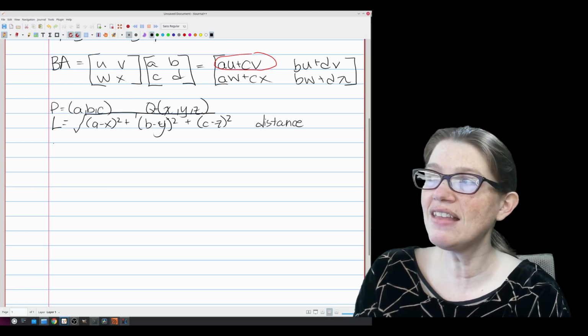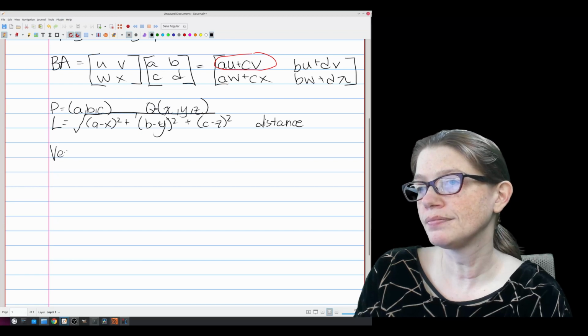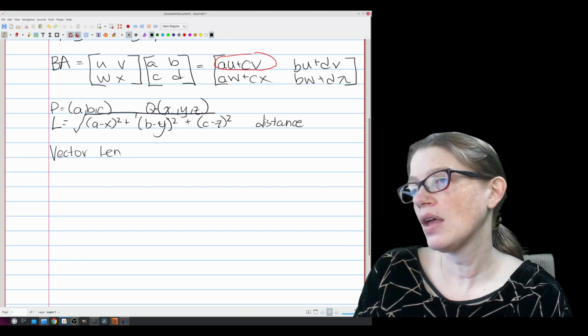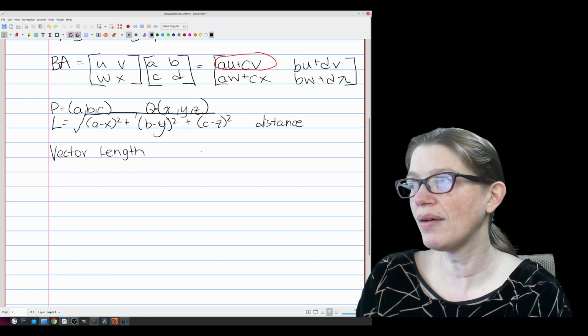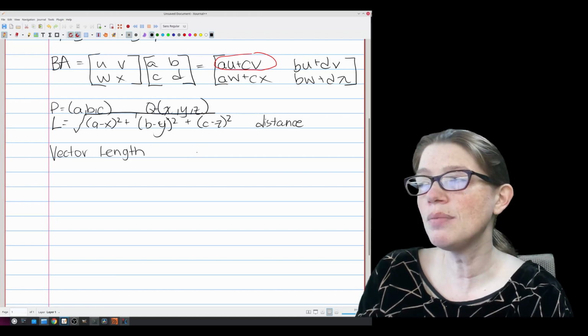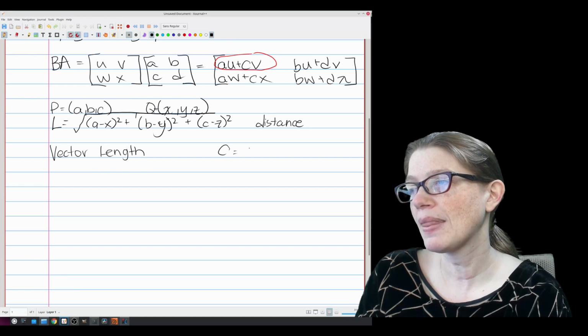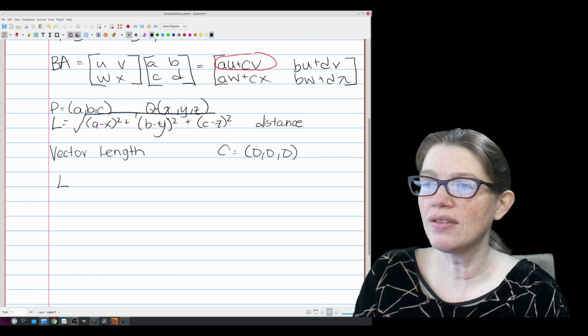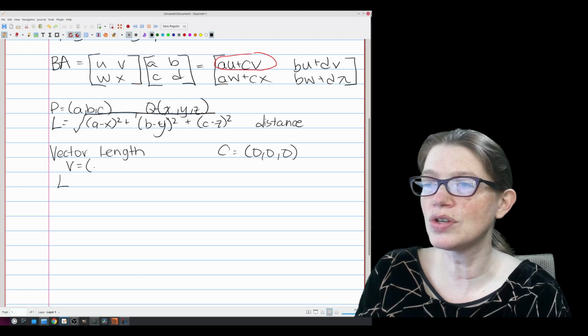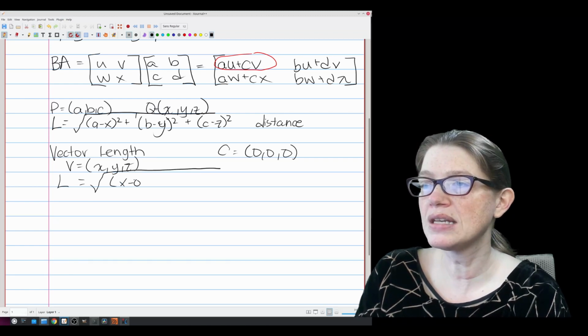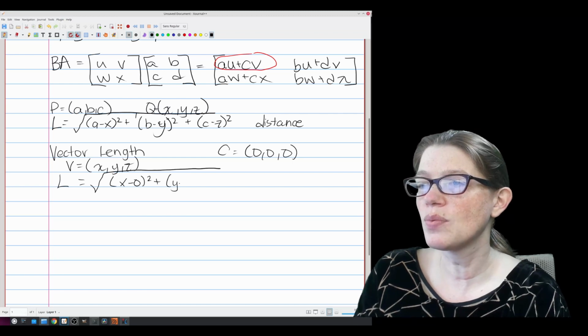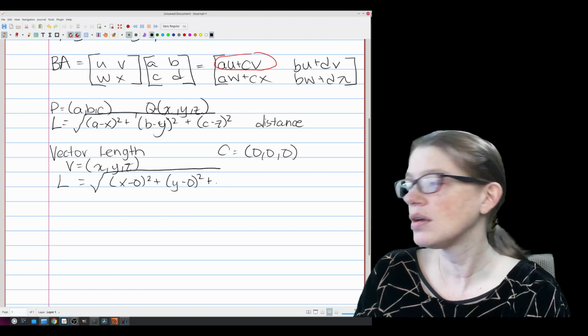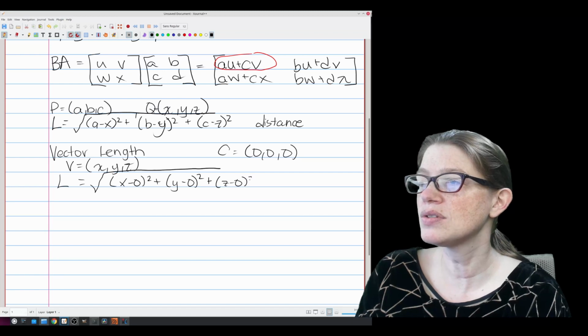Now if I want to know the length of a vector, well, in order to use the formula above, we need a second point. So the second point we use is the center, which is 0, 0, 0. So what we would end up with for some vector v equal to x, y, z is x minus 0 squared plus y minus 0 squared plus z minus 0 squared, all under the square root.